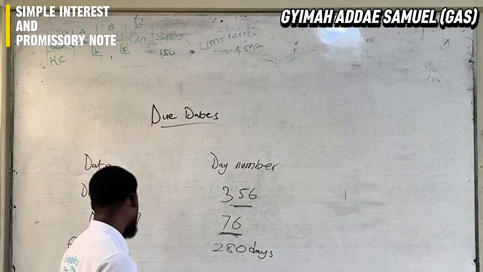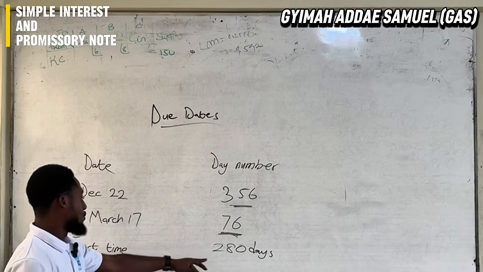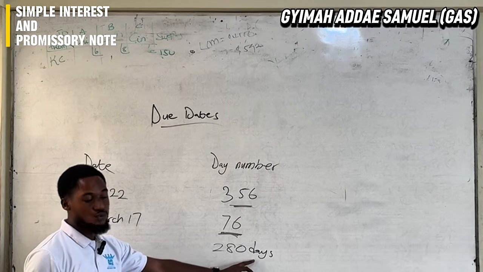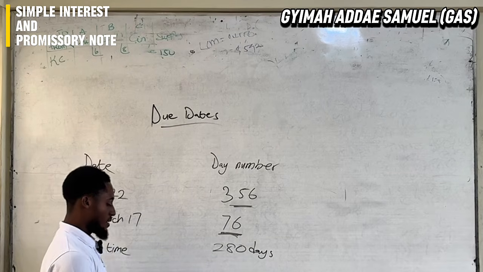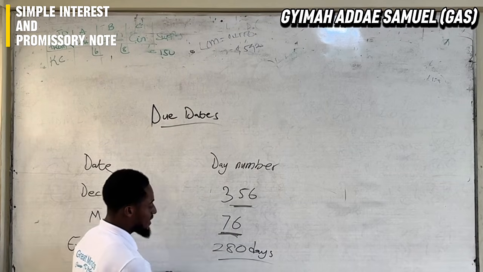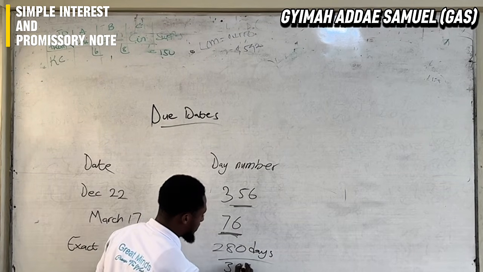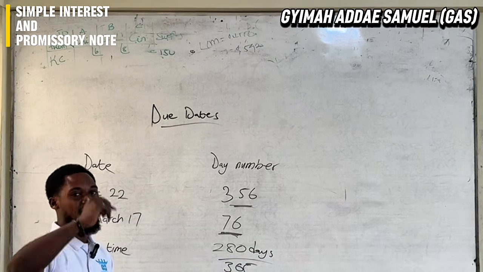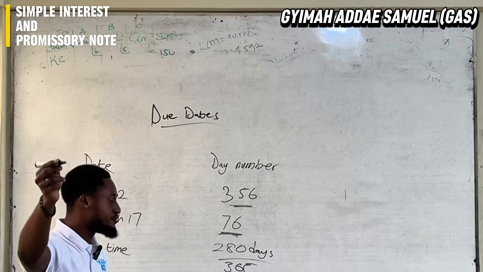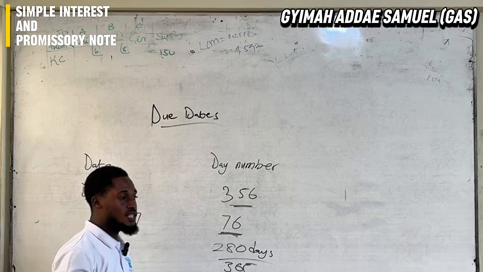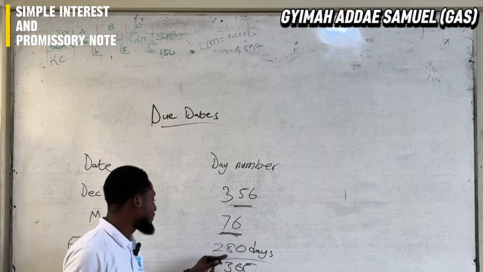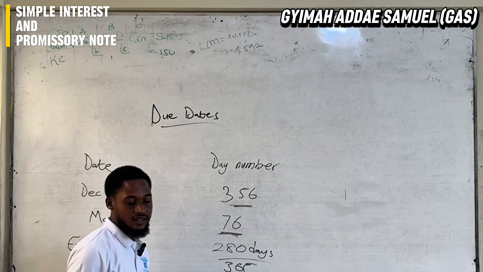So now that we have our exact time, we have our 280 days. You divide this by 365 when the question asks you to use the exact simple interest. And when the question asks you to use the ordinary simple interest, you divide the 280 days by 360.